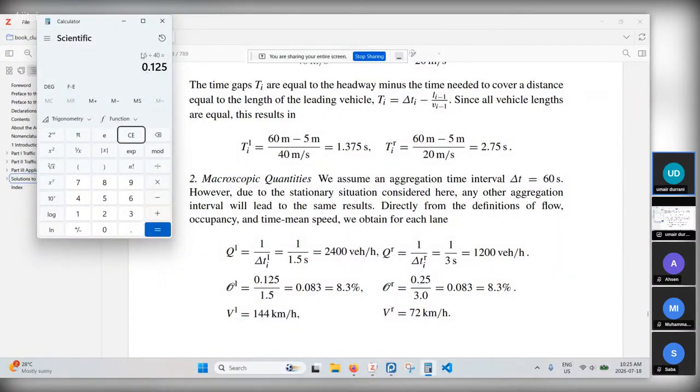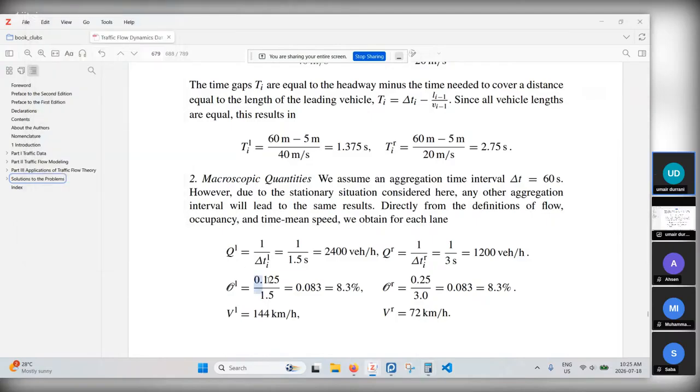This is the numerator that we get, 0.125. Length in meters divided by meters per second gives us the time for which the vehicle is going to be on that detector. So one vehicle is on the detector for 0.125 seconds, and the time headway is 1.5 seconds.